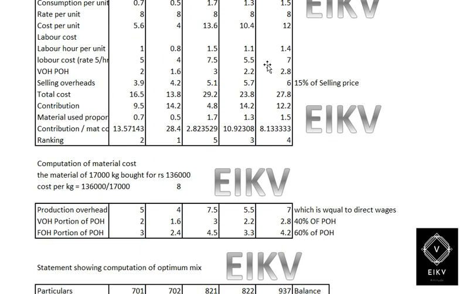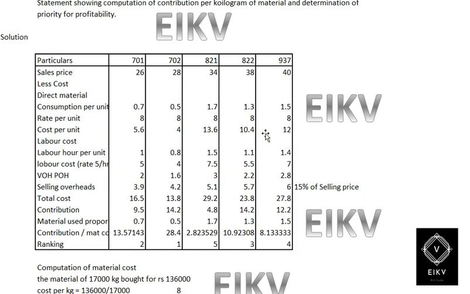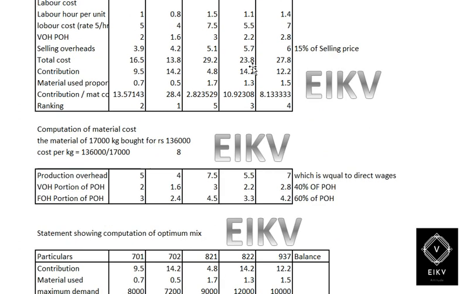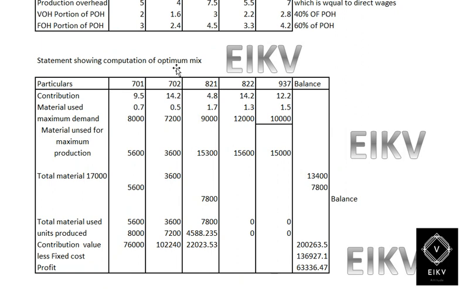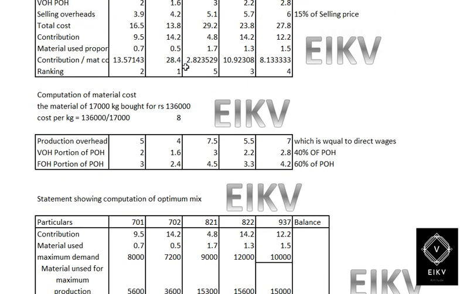The product name is 822. Then fourth and fifth are 937 and 821. So we have ranked these as per contribution per material consumed.